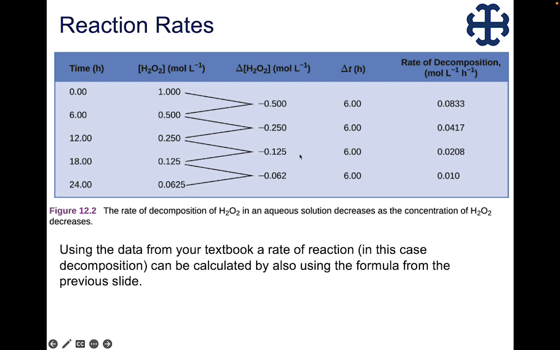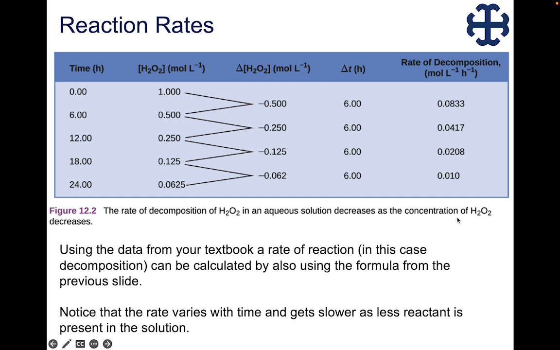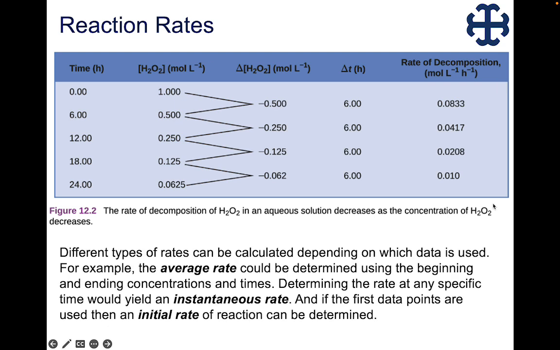You'll notice then that the overall change in H2O2 is less and less each time across the same span of time, and so that means that our rate of decomposition is going to go down and down, meaning our rate of decomposition is going to be slower and slower, right? Essentially, as our concentration decreases, our rate will get slower and slower.